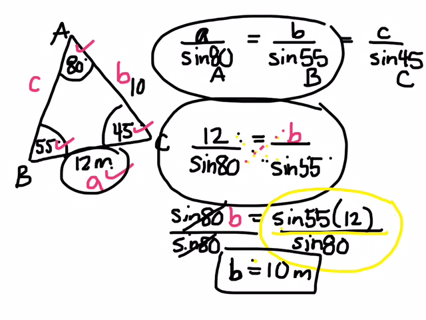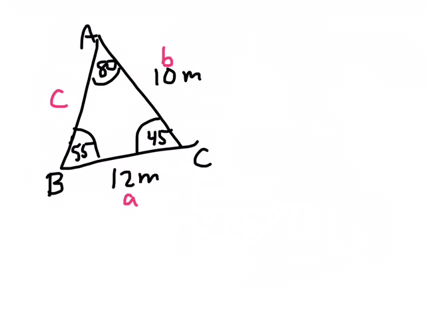B is 10 meters. We're going to do the same thing to find C, so I'm going to redraw the triangle. Again, we're going to use sine law, and we're going to solve for side length C. Now we have a side length and its opposite angle, so I can use A over sine A, or we now have side length B over opposite angle, which is sine B. Which ratio do you think we should use to solve for C?